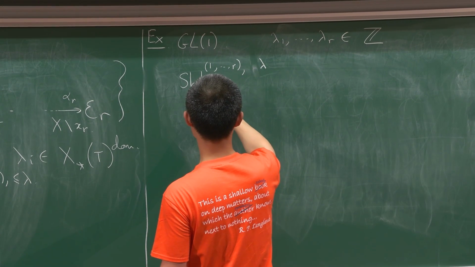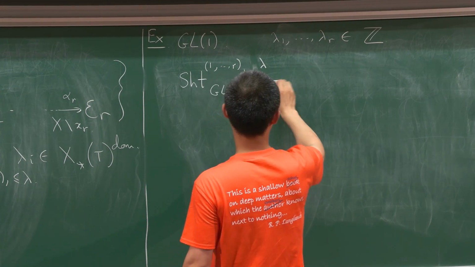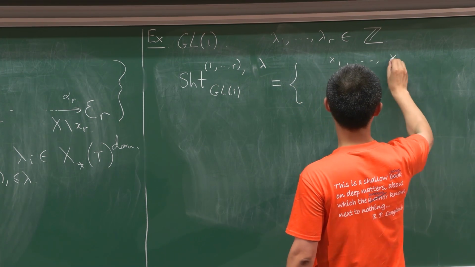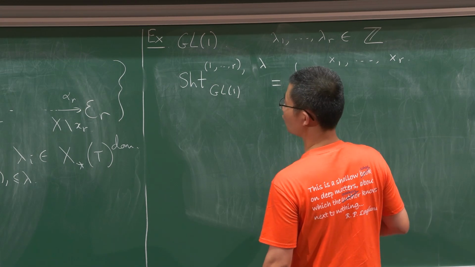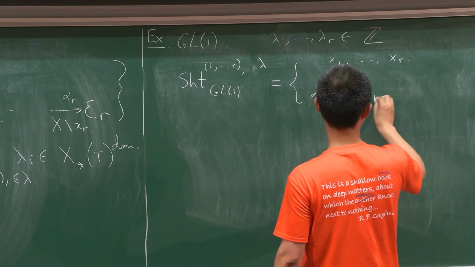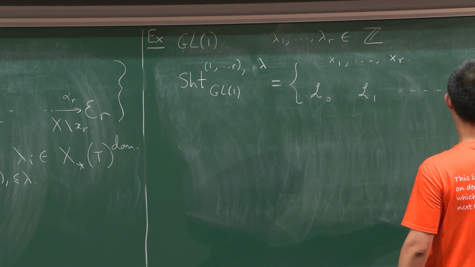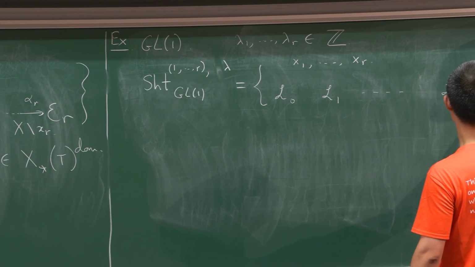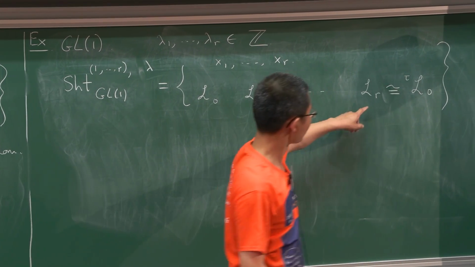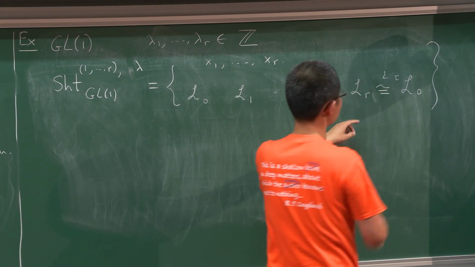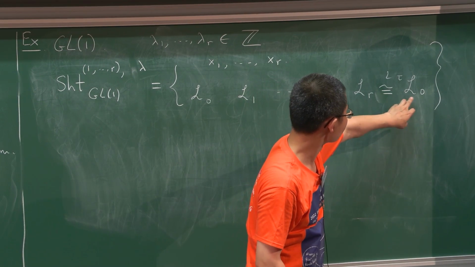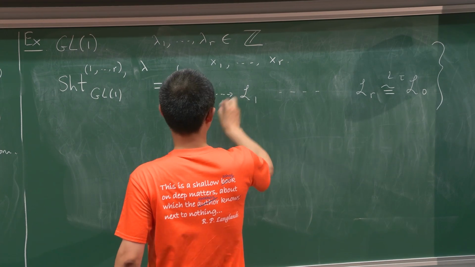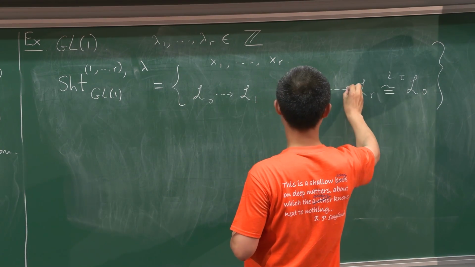That means I'm considering R points and line bundles, and the last one is isomorphic: I'm given an isomorphism between the last one and the Frobenius pullback of the first one. So this is the unbounded version of Shtukas.